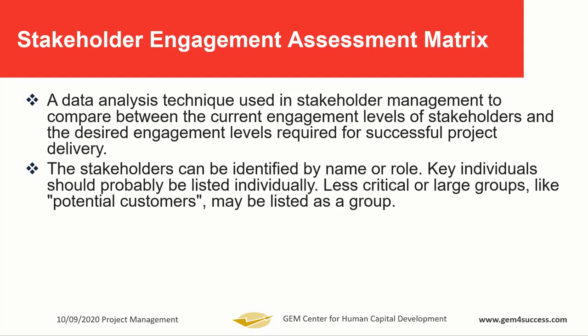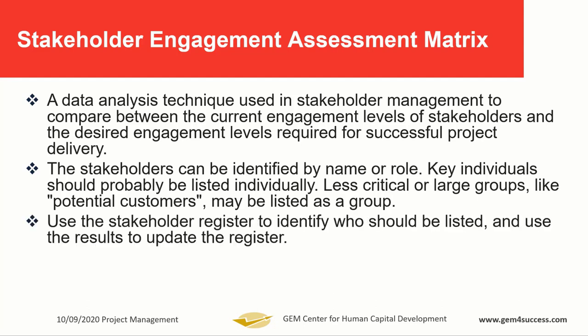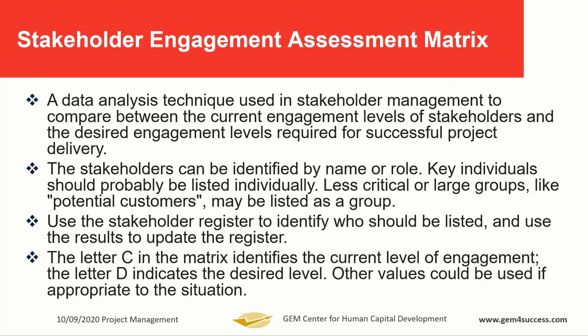You don't necessarily have to start listing all your potential customers one by one. You could just lump them together. So some of your stakeholders, when you are doing an assessment matrix, can be lumped together. Some you have to identify individually, depending on the level of influence. Use the stakeholder register to identify who should be listed, and then use the results to update the register.